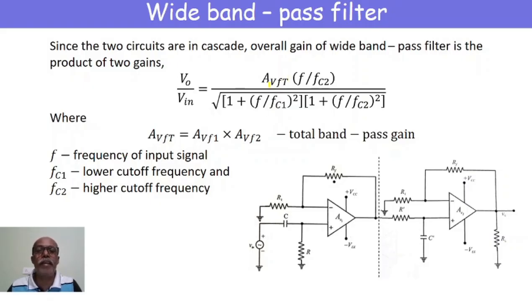Therefore, it is AVFT into f by fc2 whole divided by square root of 1 plus f by fc1 whole square into 1 plus f by fc2 whole square, where AVFT is AVF1 into AVF2, the net gain of the band pass filter, f is the frequency of the input signal, fc1 is the lower cutoff, and fc2 is the higher cutoff.